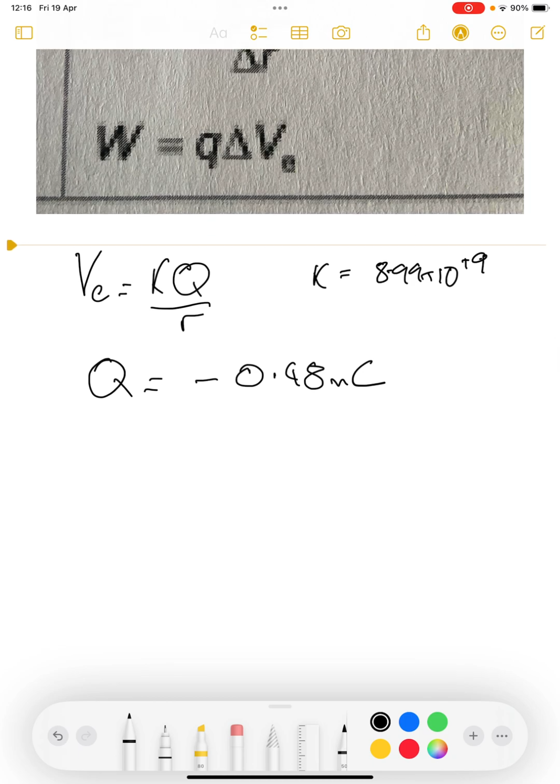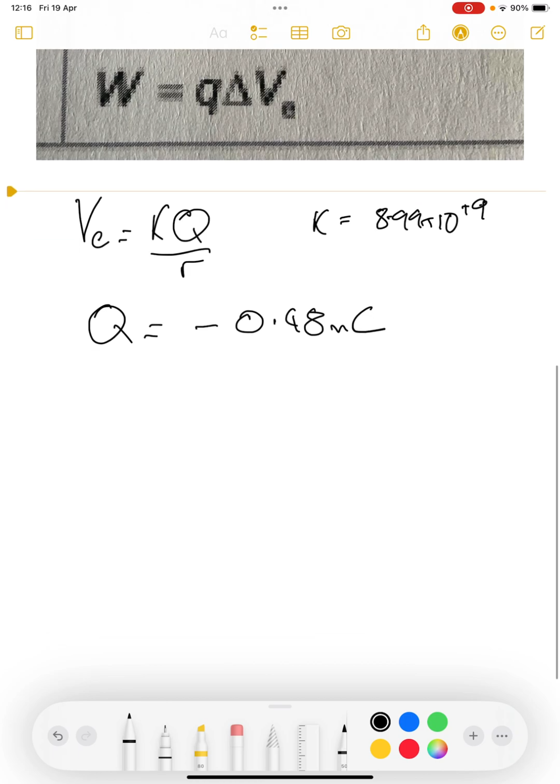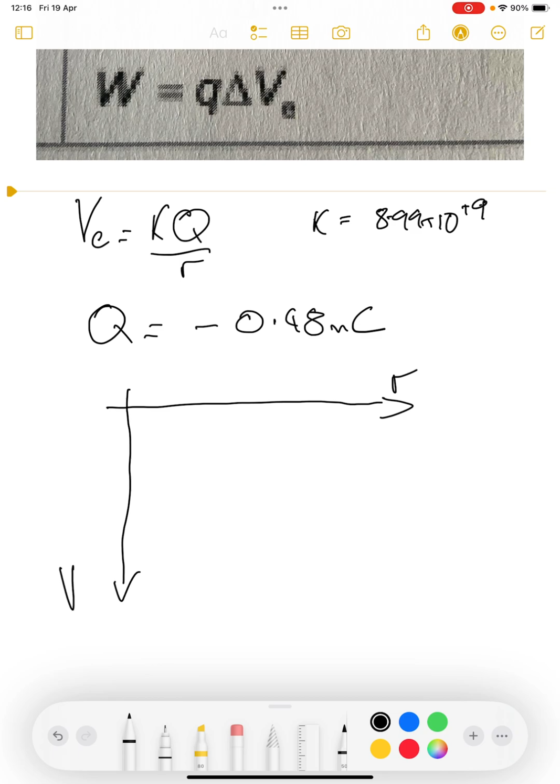And the r, well, I'm going to do a diagram first to start off with. So this is what we're talking about. r heading in this direction, and the electric potential heading in this direction. Because this is a 1 over r, I'm going to have that sort of shape. What I need to do now is figure out what it is when r equals 1.5 meters.